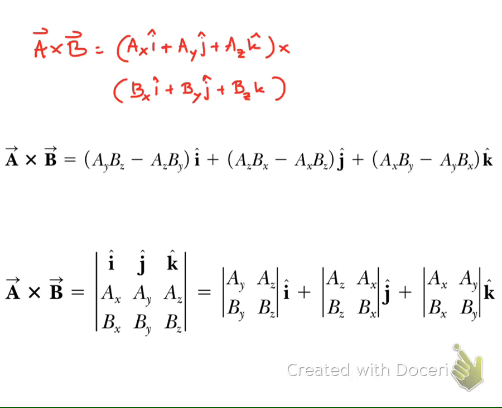You use the distributive law, that is, you may do the cross product of A with the BXi first, and then use the distributive law again by doing the cross product of BXi with the AXi, AYj, and AZk, and repeat this process for each component of B, and finally we will get this relation.